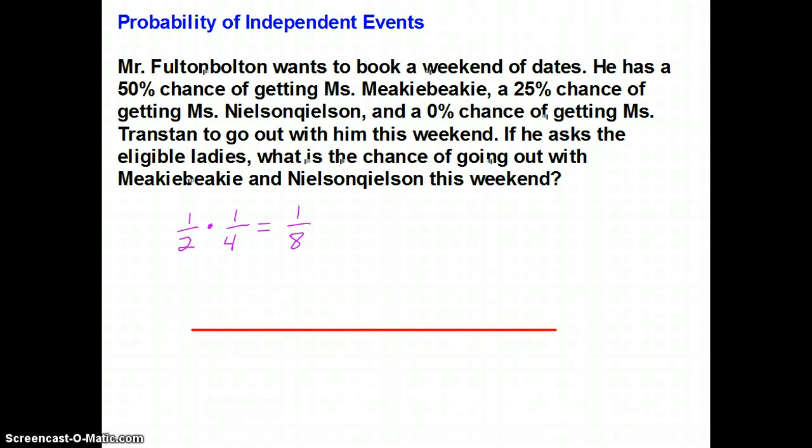Okay, so let's look at first 50% chance. So if this is 100, well, 50% is right here. Then, of that 50% chance, Mr. Fulton Bolton has a 25% chance of getting Nielsen Quilson.